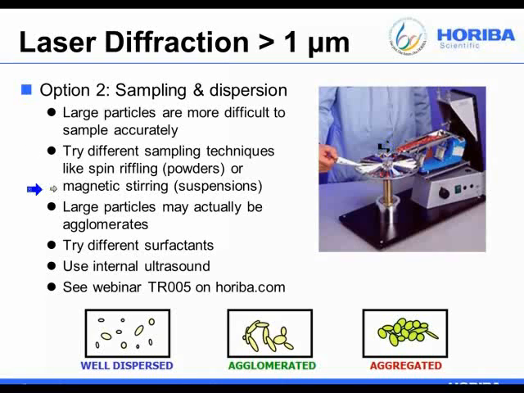If you don't have a powder, if you have a suspension, the best sampling technique we know of is to put a little magnetic stir bar in there, put it on a stir plate, and then put your pipette somewhere between halfway and 2/3 of the way down from the top of the liquid to the bottom of the beaker, and then about halfway from the center of the beaker to the wall.